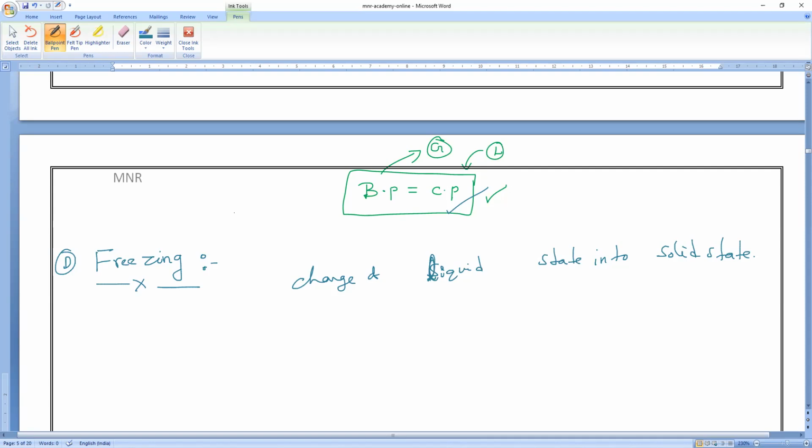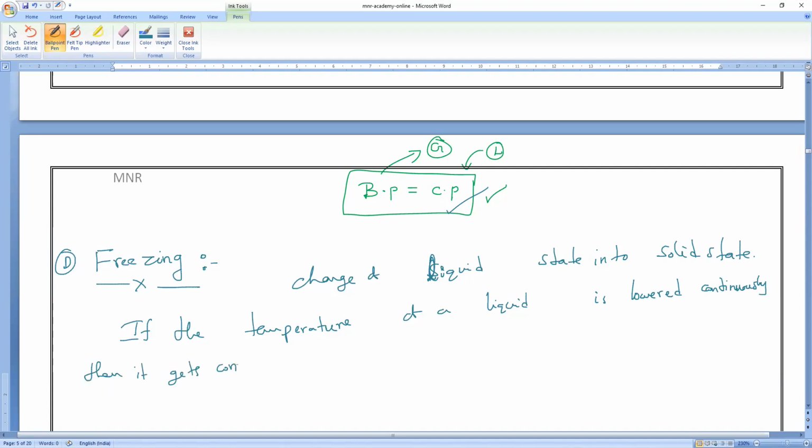Write it, all of you. If the temperature of a liquid is lowered continuously, then it gets converted into what state, guys?